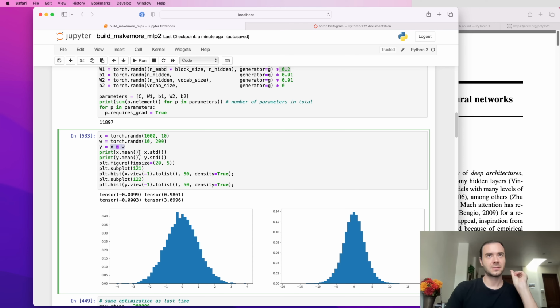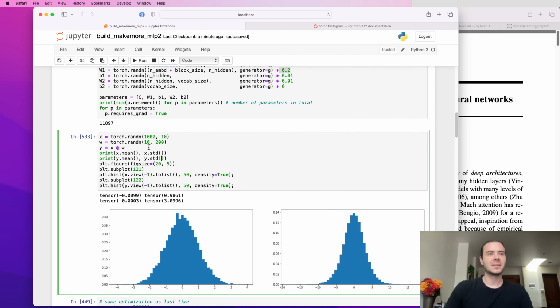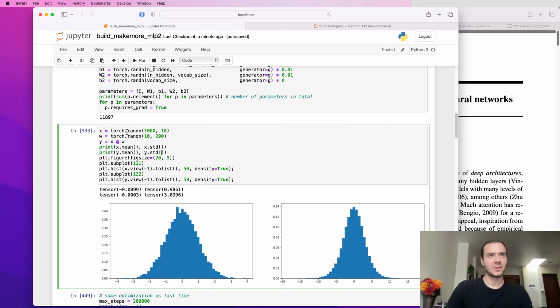And then we have, just like here, the multiplication x times w to get the pre-activations of these neurons. Basically the analysis here looks at, okay, suppose these are uniform Gaussian and these weights are uniform Gaussian. If I do x times w, and we forget for now the bias and the nonlinearity, then what is the mean and the standard deviation of these Gaussians?